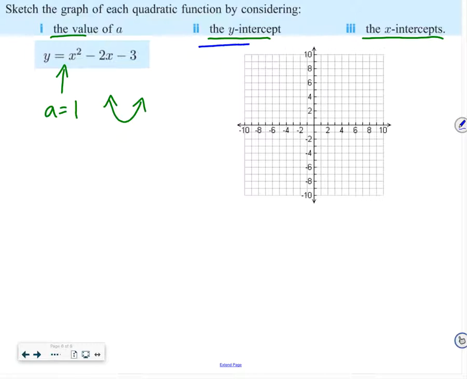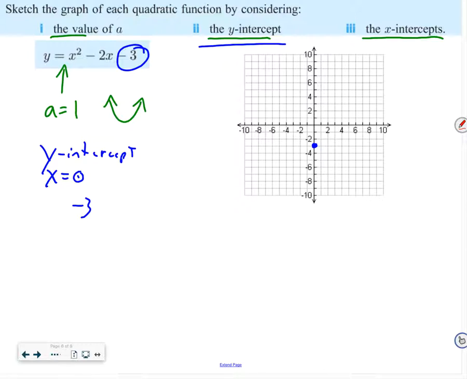Second, my y-intercept happens when x is equal to 0, or it's my c value. So my c value is -3. Sorry, that's -3, so the graph is going to go through -3 there.